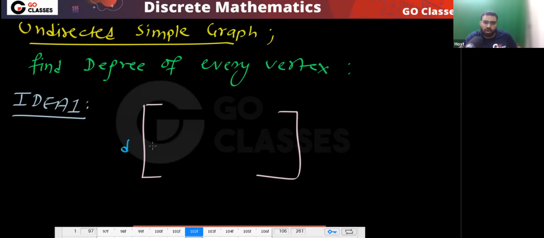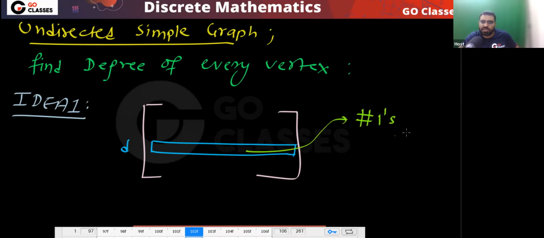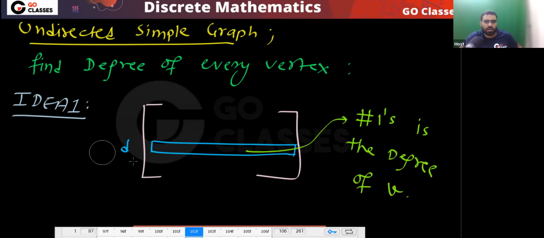For this vertex V, the number of ones in its row is the degree of vertex V. Is this clear? This is idea number one. Very simple: you count the number of ones, and that is the degree of V.